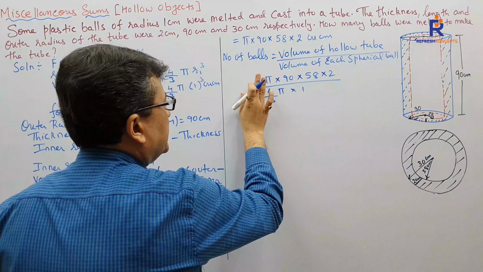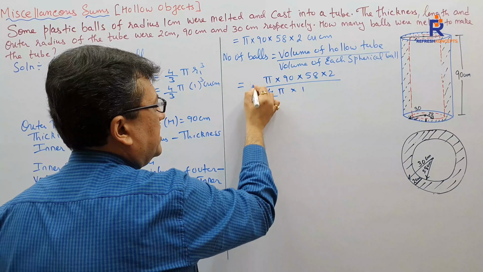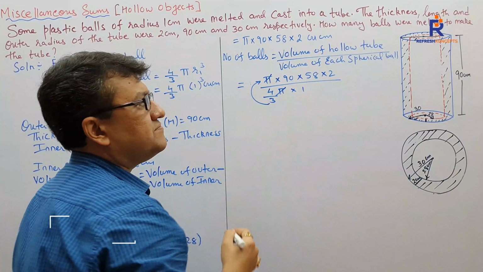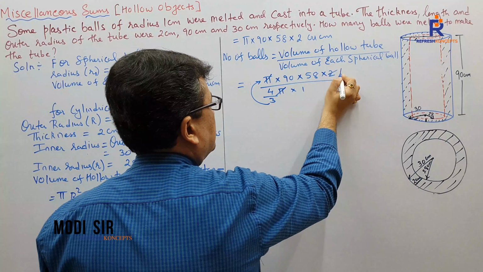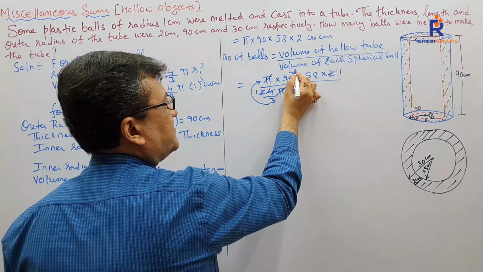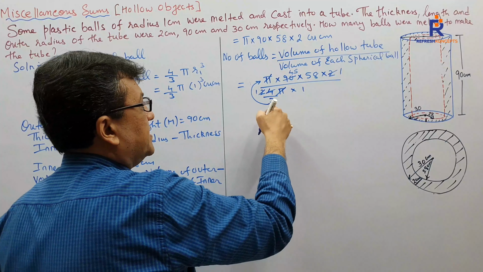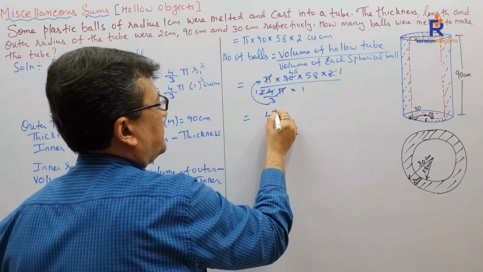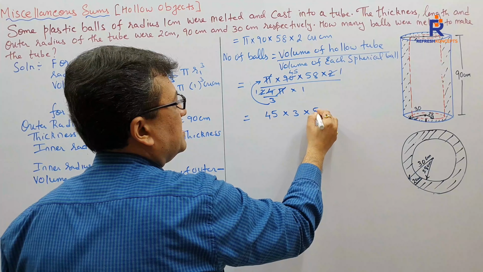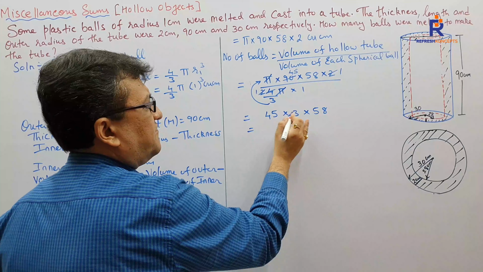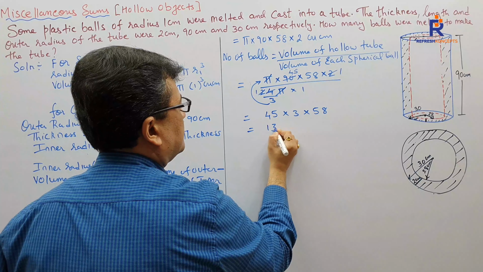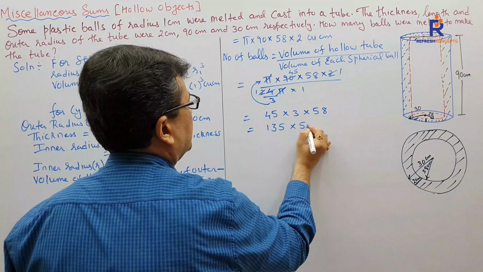Children, this 3 will go up. Pi gets cancelled off. 2 1s are, 2 2s are, 2 1s are, 2 45s are. This 3 goes up. 45 into 3 into 58. 45 3s are 135 into 58.